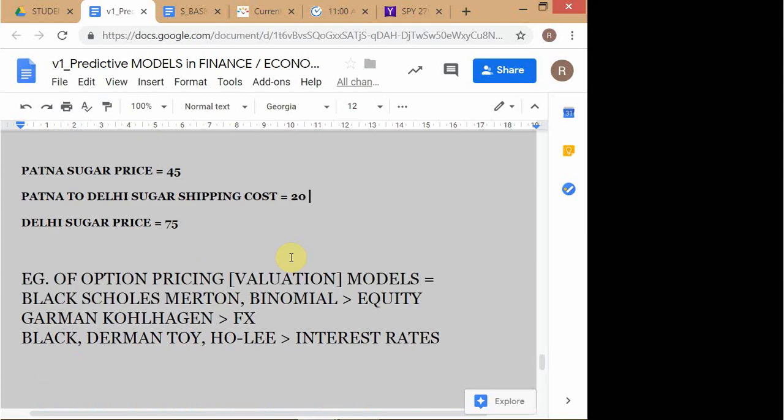So let's say you have a situation where the sugar price in Patna is 45 rupees. The shipping cost per kilo is 20 rupees. And let's say you can ship instantly. And let's assume that the above prices are both bid and offer.